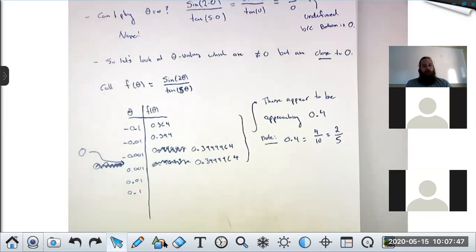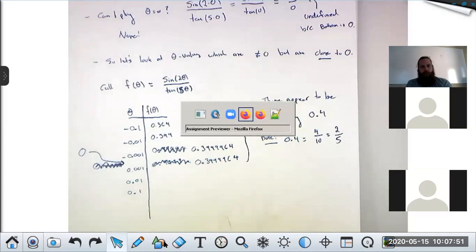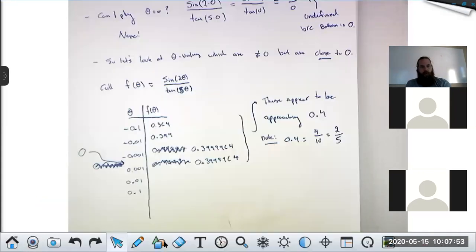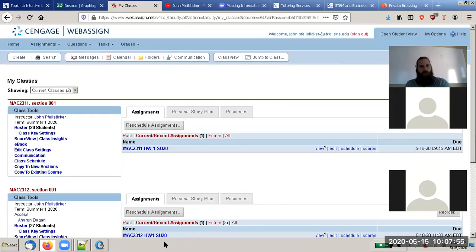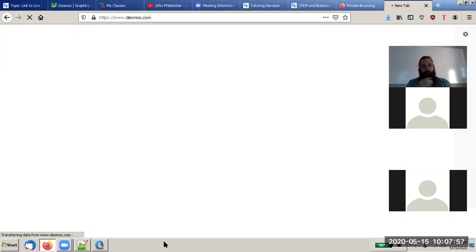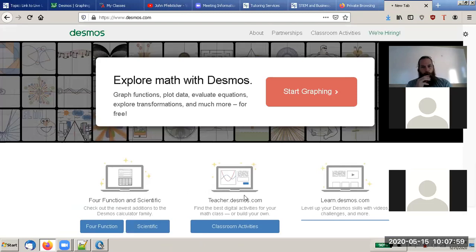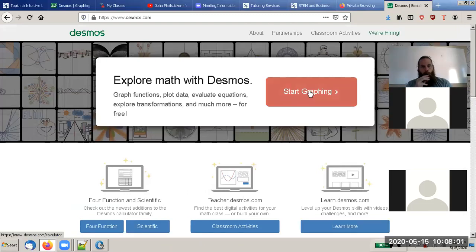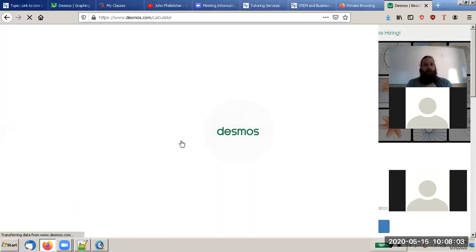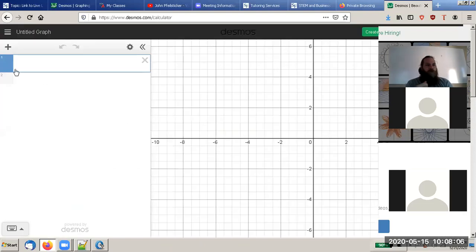They asked you also to confirm this with a graphing utility. We can do that briefly here if I pop up Desmos. This function is actually related to the sinc function that we talked about last time.